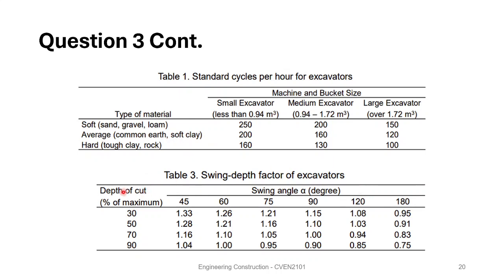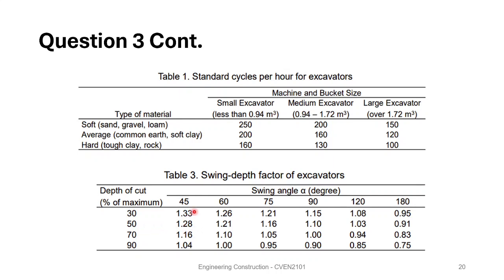The swing depth factor: you have the depth of cut, which is the ratio of the average depth divided by your maximum depth. Your swing angle is probably given. And if the depth of cut lies in between, say 60%, then you have to do some linear interpolation, okay?